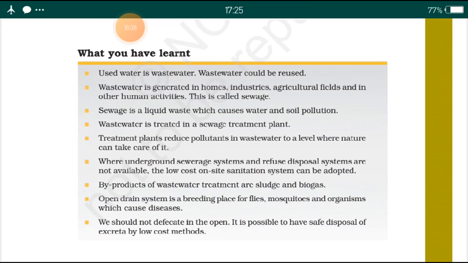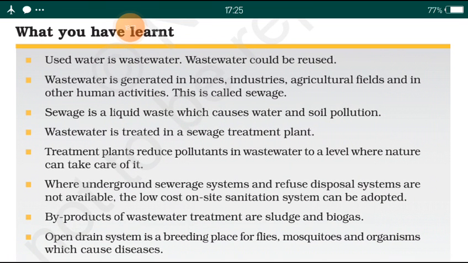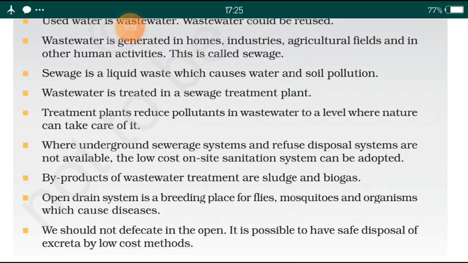Wastewater generated in homes, industries, agriculture fields, and in other human activities is called sewage. Then sewage is liquid waste which causes water and soil pollution. In the exam, it can come as sewage is liquid waste.